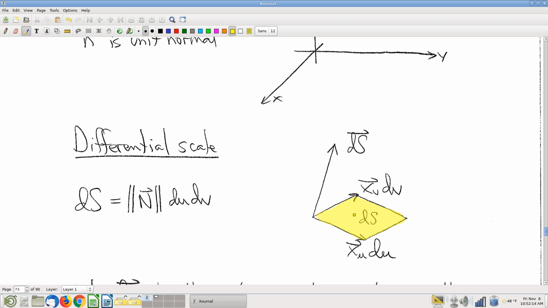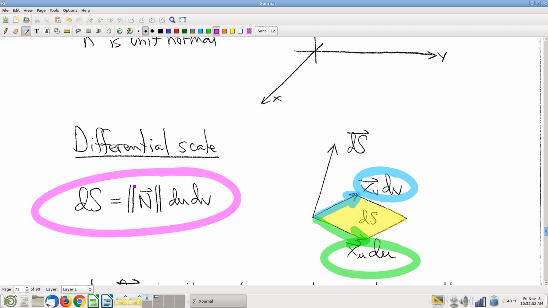We did so by looking at its edge vectors, which you remember we computed were x_u du and x_v dv. And we came up with this formula: here's our stretching factor, the magnitude of capital N. That was the thing that allows you to compute that dS by arguing how much it is a stretching out of the area that we have in the uv plane, namely du dv. Okay, so all that's old news.